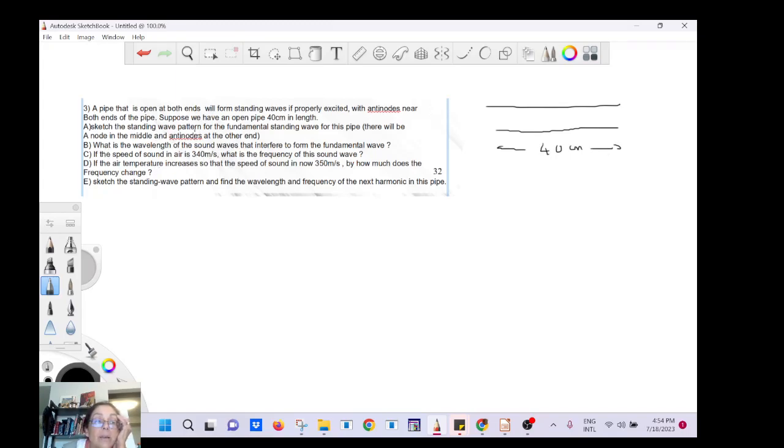Sketch the standing wave. So here you must have an antinode and here you have an antinode. So it means here it can move, right? So if this one is here, and then in between, you need to have one node, right? And then here it's free. So it should do something like this. Okay, so if you have a wave here, you're only taking this part here.